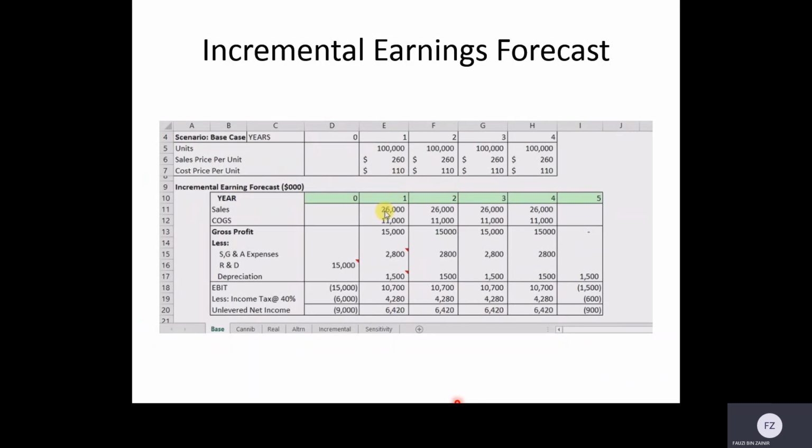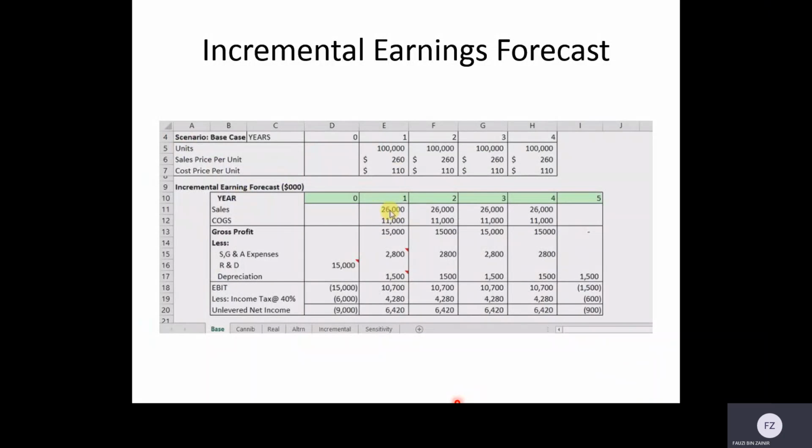If you look here, the aggregate sales price is derived, which is here. It is 1,000 here, but because one unit is equivalent to 1,000, it's 26 million. But anyway, let's just assume the number as it is and see how the numbers were derived.